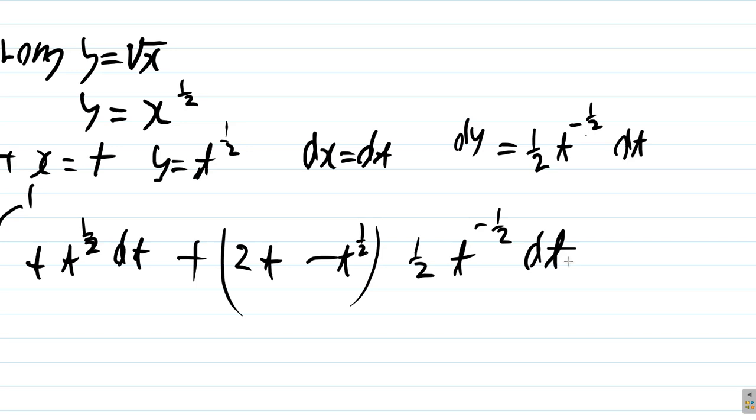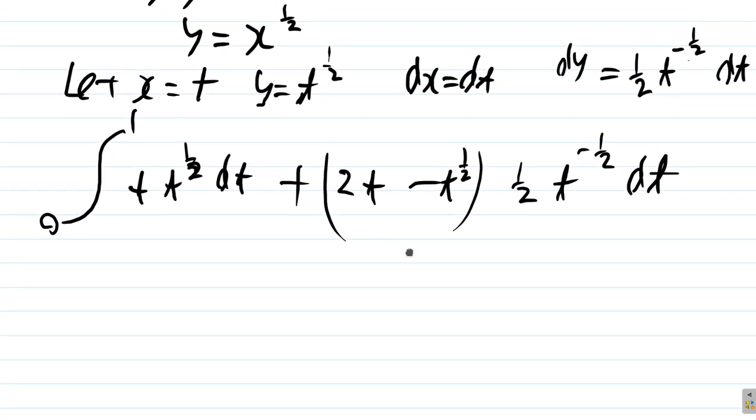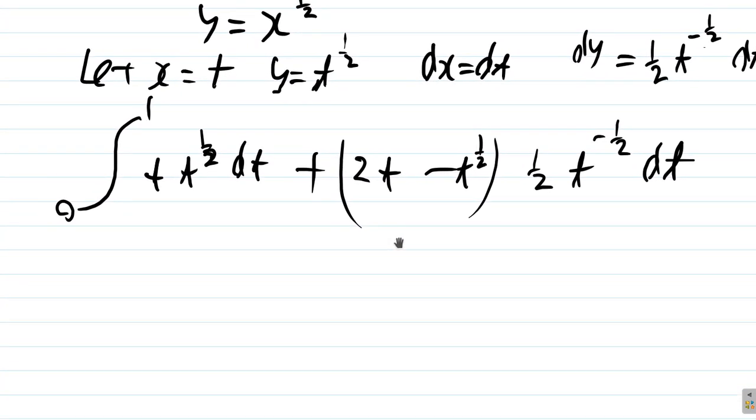Alright? Now, here, we simplify and so on and so forth. Alright? So this becomes the integral from 0 to 1 of t to the 1 by t to the half means t to the 1.5, which is t to the 3 over 2.